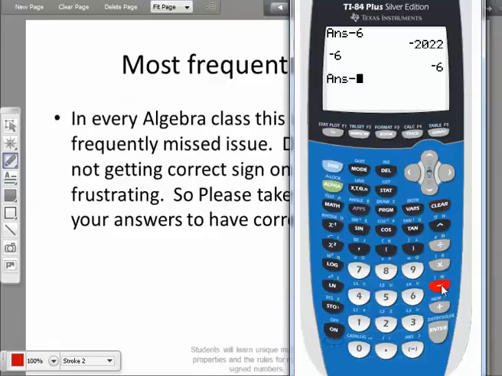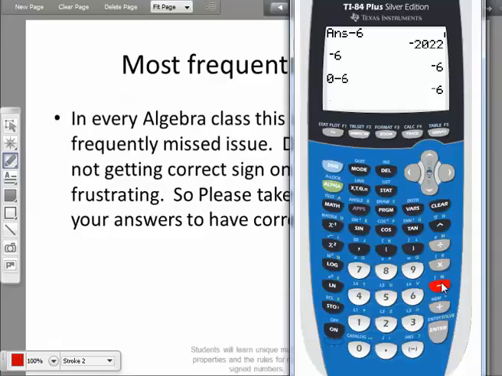I want to do minus. No, I don't want to do that. 0, minus 6. The difference between these is very, very difficult to tell. See that one and that one? This minus sign and that negative sign? Very difficult to tell. But if you're trying to use a negative number, you need to use this key right down here. If you're trying to do a minus, you need to use this one here.